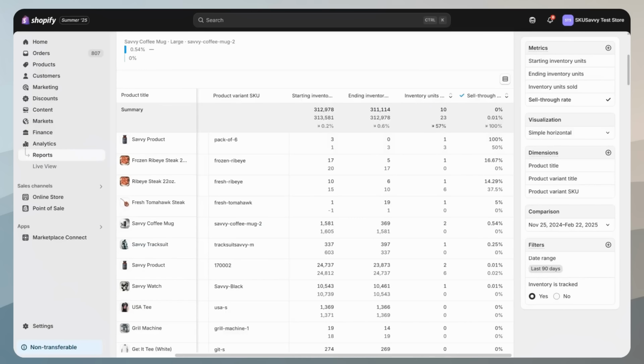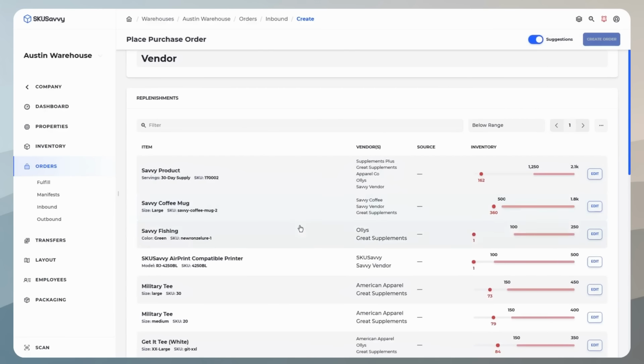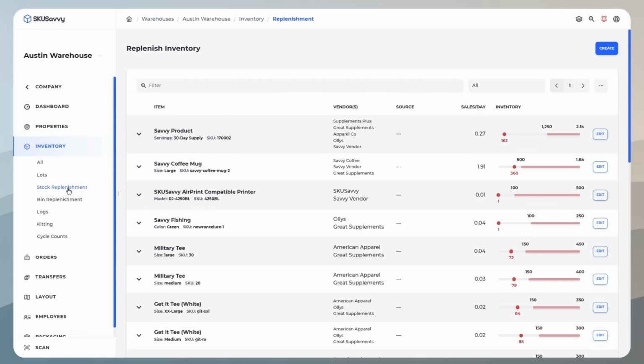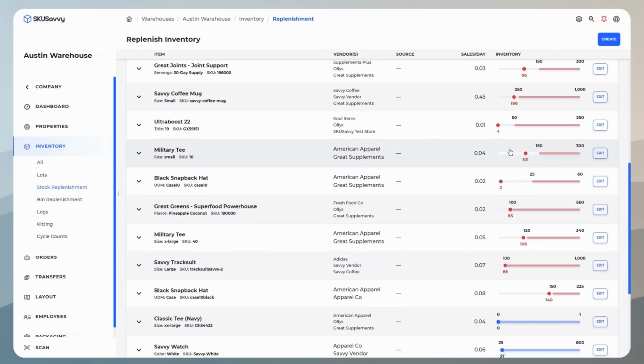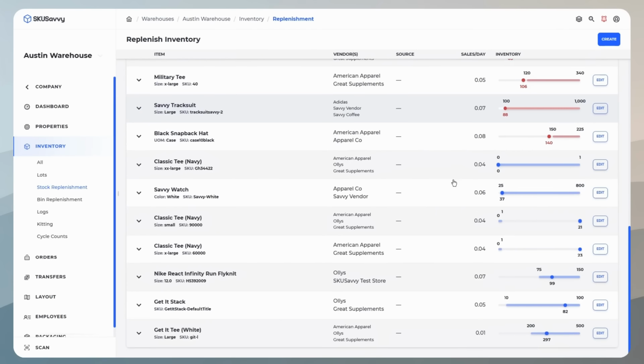So let's also just go ahead and look at any kind of stock replenishment overall. If we go back into SKUSavvy, we can see down here at the bottom, before we've even started placing this purchase order, we have our items, and then we can see the date range there. The inventory range for this item. So if we go over into our inventory and go to stock replenishment, this is going to give us that general view overall across our catalog of items that are either outside of the range or within range, and just our min and max par values for any given level.